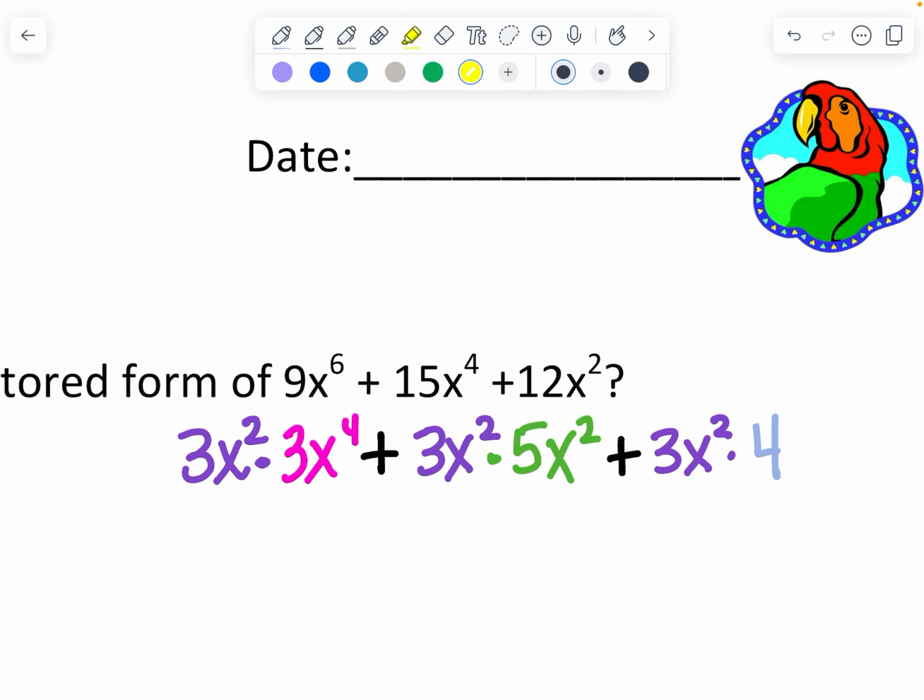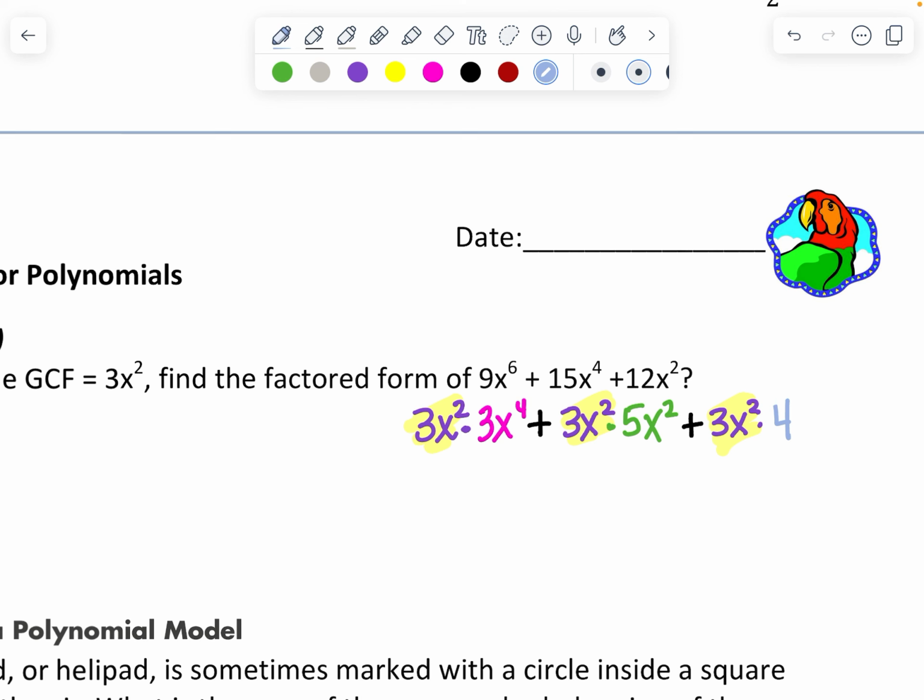So now if we highlight the 3x squared in each term, that's what we're going to pull out using the reverse of the distributive property. Now, the pink, green, and light blue terms are what's left when we pull out that 3x squared. You're going to put up a parenthesis, and then you're going to bring down your terms that are remaining because they have to stay inside that grouping.